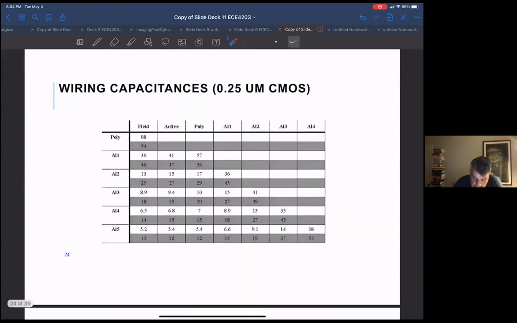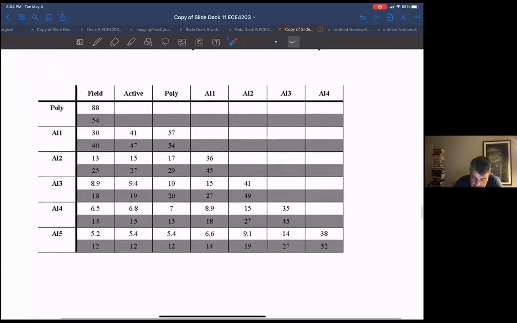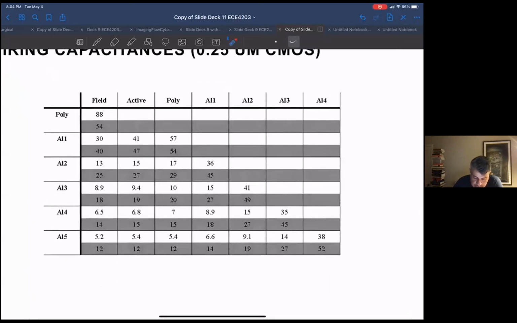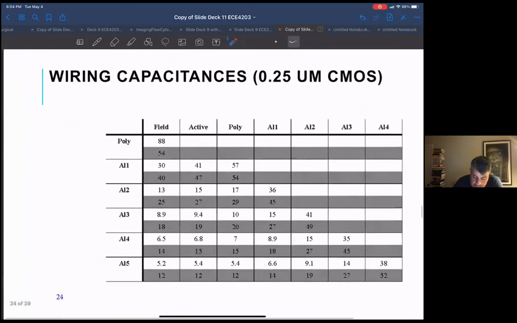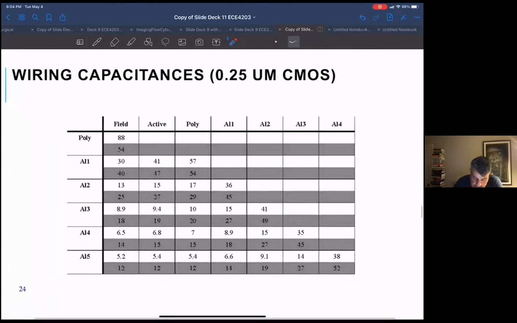Anyhow, to make things simpler for chip designers, what you end up with is a table like this for a particular process. This is a table where the rows are the line, and this is the capacitance in area.